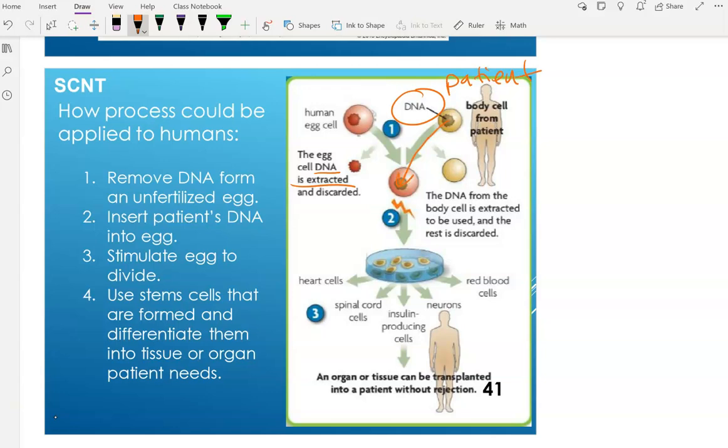And instead of using it to clone a human, which is a whole other ethical issue, we could stimulate it to harvest those stem cells and then use those stem cells to make whatever cells that person might need. Maybe we can use it to grow an organ or new types of cells that the patient needs.